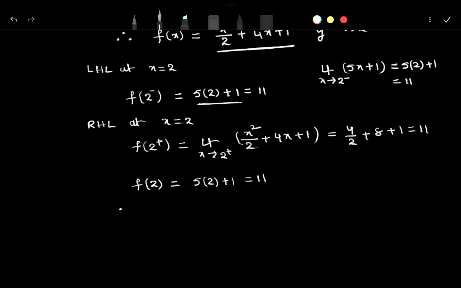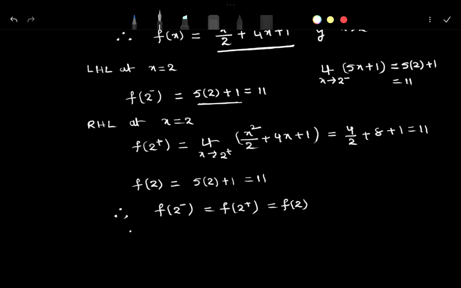Therefore you see here, you can understand the left hand limit is equal to the right hand limit, and f of 2 plus is equal to f of 2. So you know the concept of continuity. At any point x equals a, for the function to become continuous, the left hand limit should be equal to the right hand limit, which will be equal to f of a.